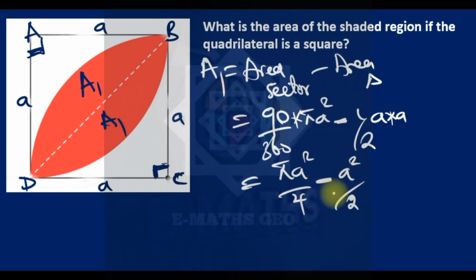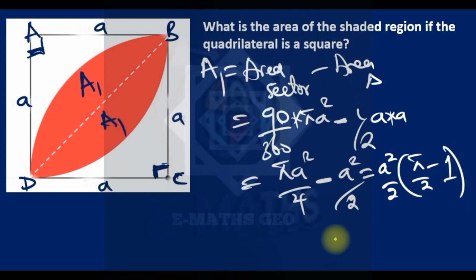We can factor what is common in both, a squared over 2, and we are left with pi over 2 minus 1. And pi is 22 over 7, so we have a squared over 2 times 22 over 7 over 2, which is 11 over 7, minus 1.